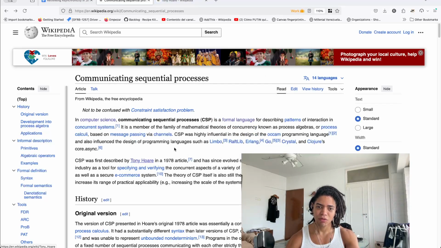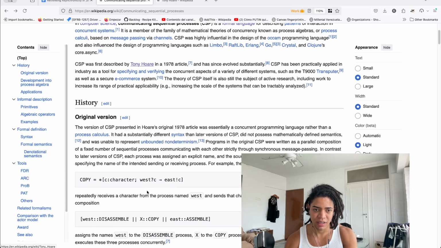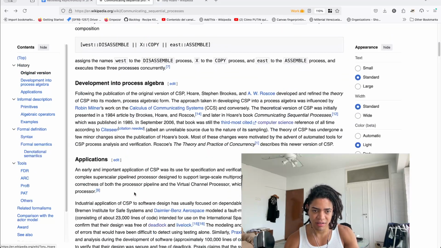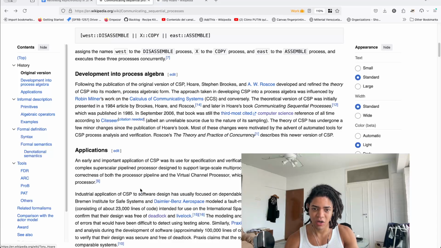All of these people lay out the foundation, including work to increase its range of practical applicability, increasing the scale of a system that can be tractably analyzed. In all of this, it is now a language.